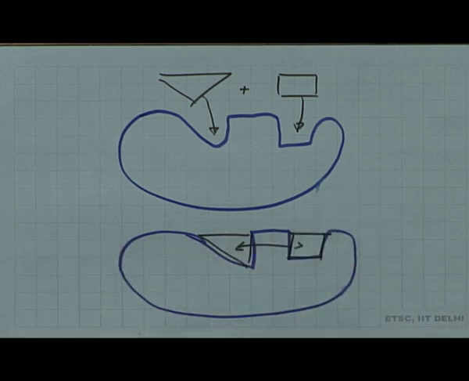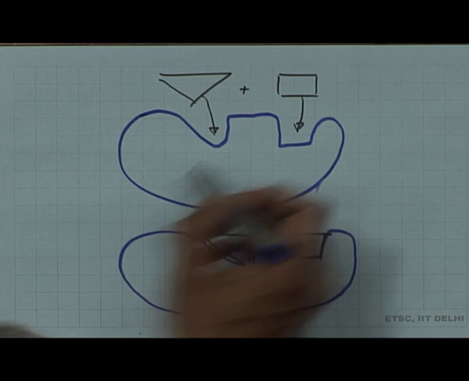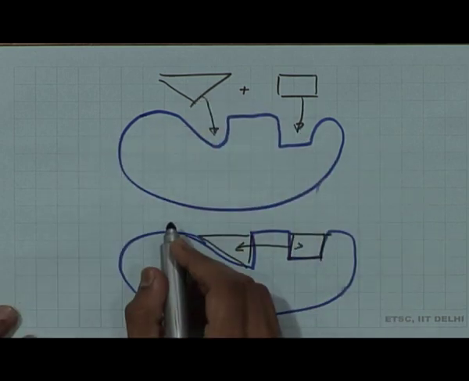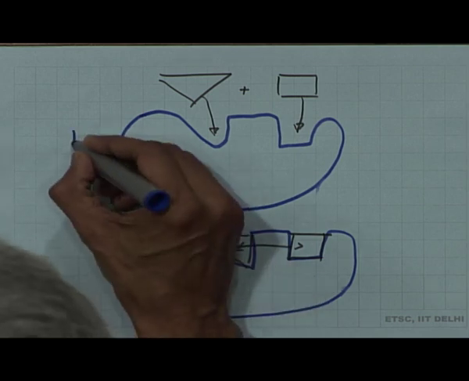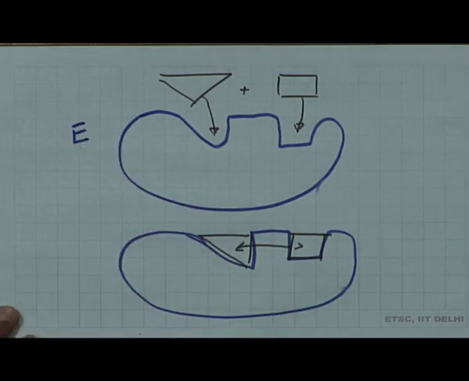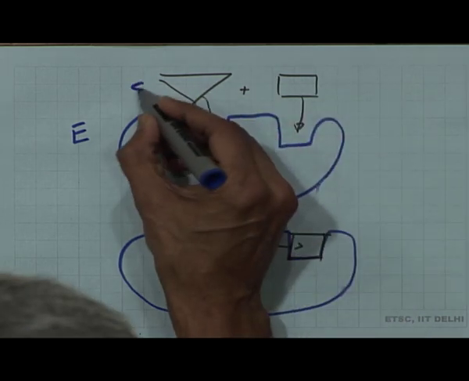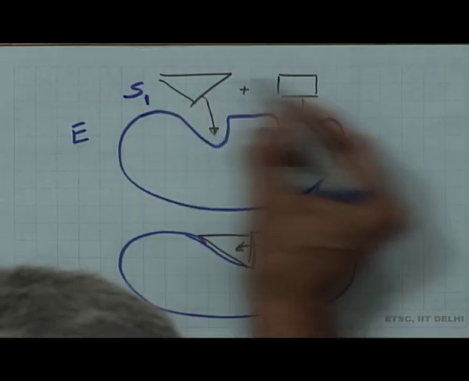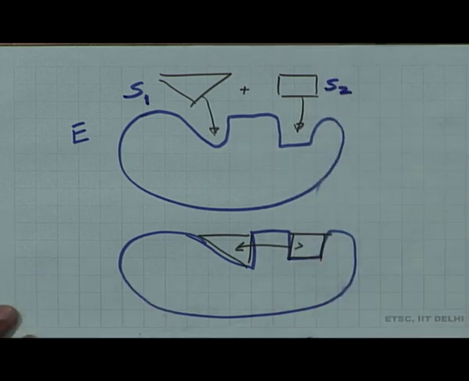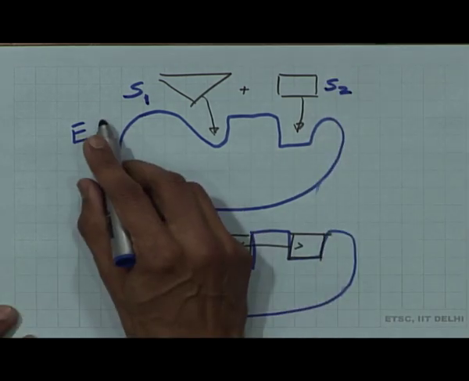So, the way this reaction works is that, in the terminology of enzyme kinetics, this enzyme is represented by E, and these two things are called the substrates, call this S1 and S2.